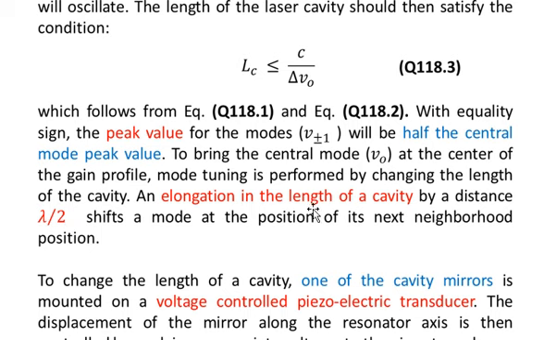So an elongation in the length of a cavity by a distance equal to lambda by 2 shifts a mode to the position of its next neighborhood position, that is, the position of the next longitudinal mode.